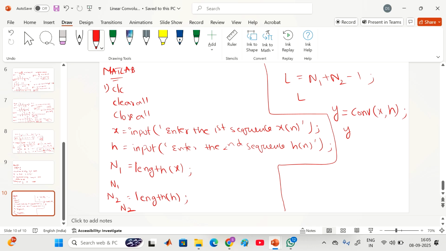Then we have the plotting section. So here y you can directly display, or else you can write disp, that is display of the values of y of n are, then display y.